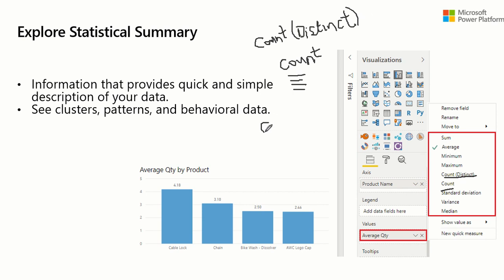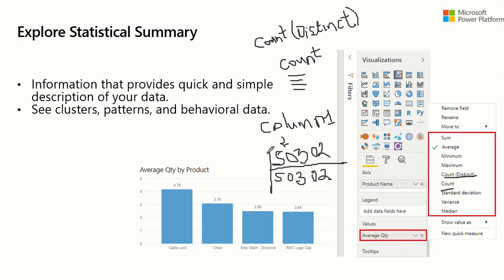Okay, for example, if you are doing a distinct count of a particular column, assuming it's column 1, anytime it sees the same data under column 1, if the first data is showing maybe a product key of SO302, and on the second row it sees SO302 again, okay, if this were data in a table from any data source.